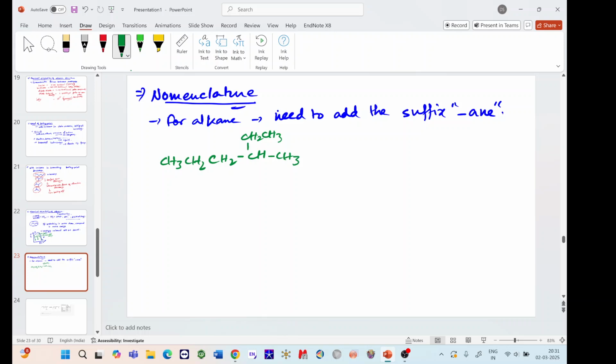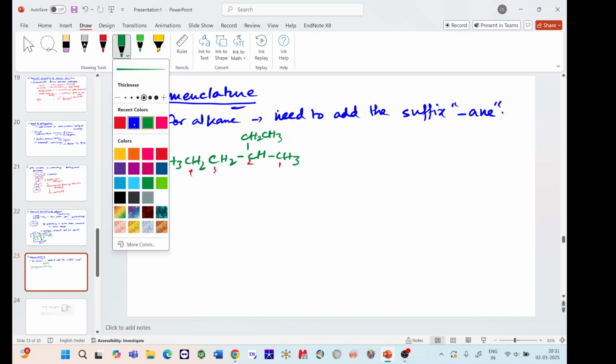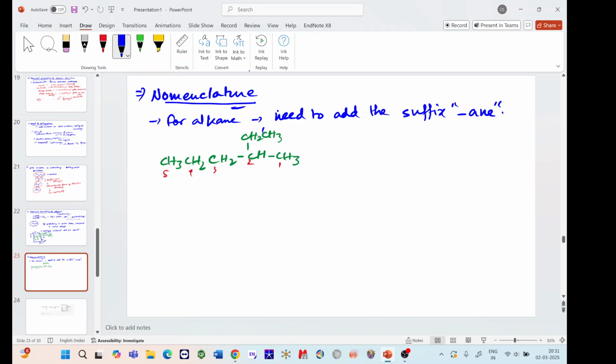So what you need to do is find the longest chain, right? Let me do it in two ways. 1, 2, 3, 4, 5. This is one, and if I start from the other way, 1, 2, 3, 4, 5, 6. See, we can have six carbons in a chain, with a substituent at the 3 position.